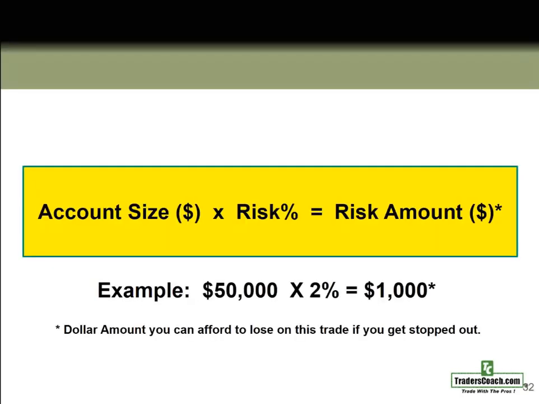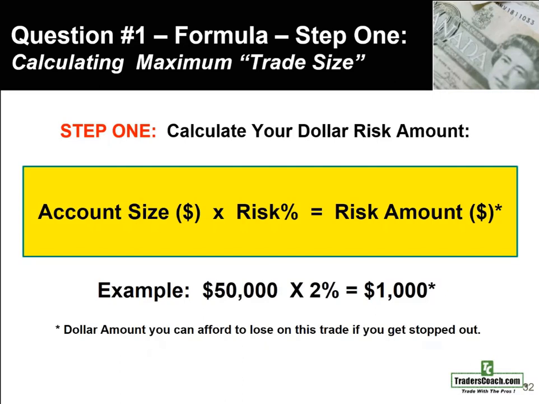Okay, so this is the next slide, and this is formula step number 1. The first thing we're going to do is the simplest of calculations: we calculate the dollar risk that we can actually afford to lose on the account size that we're using. In our example, a $50,000 account, using a 2% risk. Now how did we arrive at the 2%?